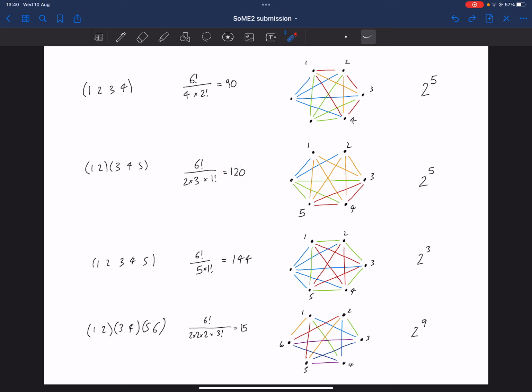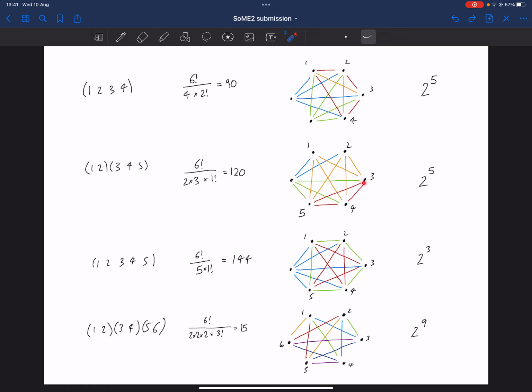And for this particular one, when we switch 1, 2, we again need, for example, these edges to be the same, but now we're also switching 3, 4 and 5 in a particular way, so that means that this edge to 3 needs to be the same as that edge to 4, needs to be the same as that edge to 5.